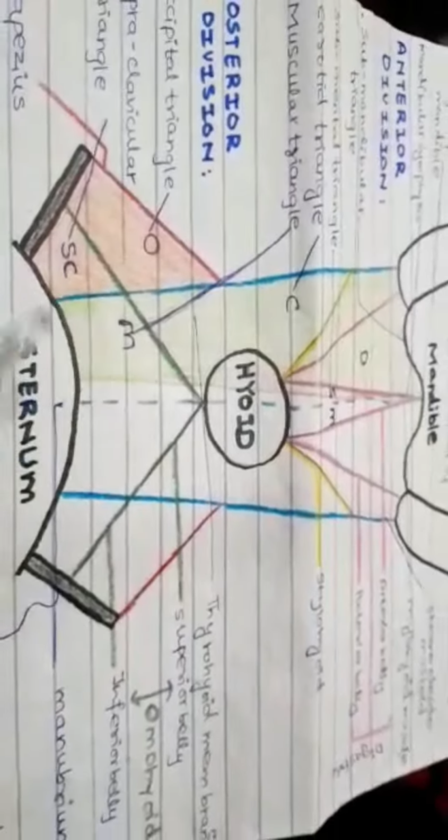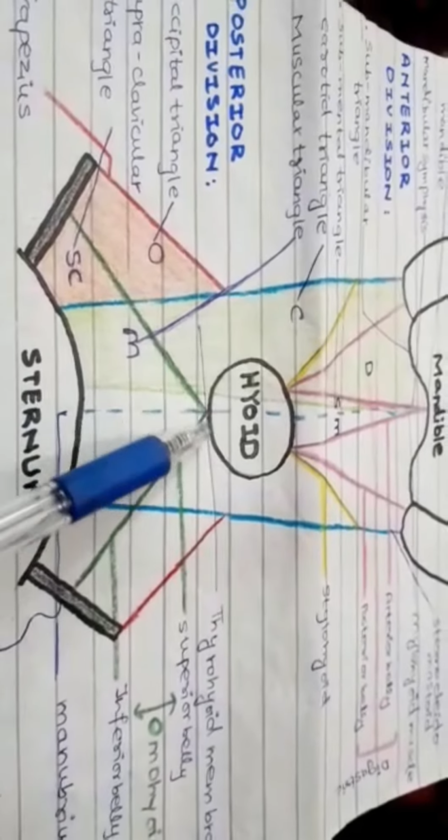Next we have muscular triangle, which is present right here. In the muscular triangle, the superior border is attached with the hyoid bone, and the base is attached with the sternum.